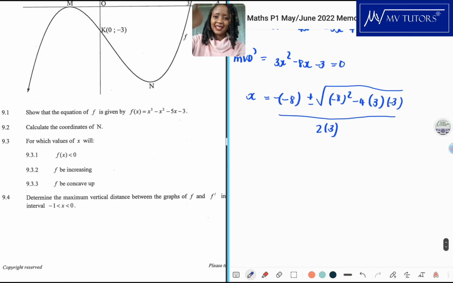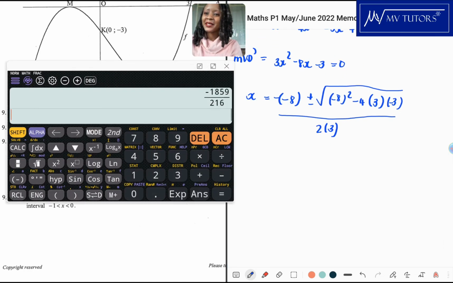Let's pop up our calculators and work it out. So I have 8 plus the square root of 64 minus 12 times negative 3, all over 6.